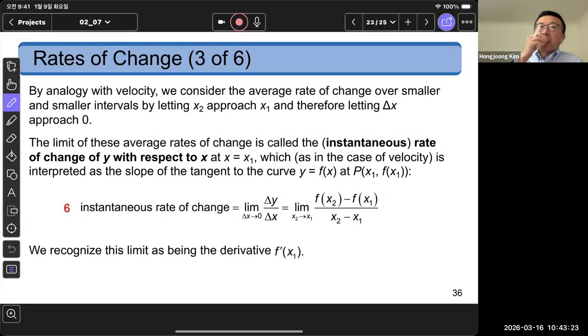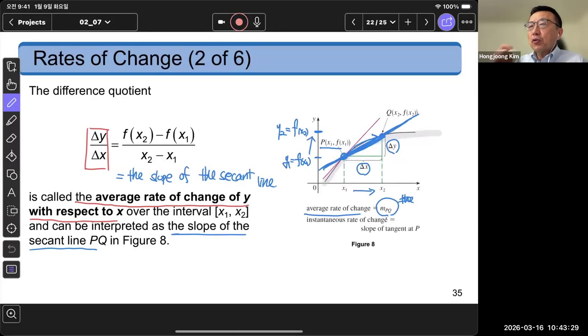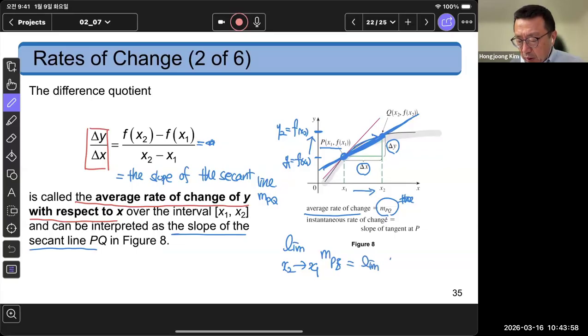Now, in this figure, as x2 approaches x1, then this slope. So previously we used m sub PQ to denote that slope, right? And then as x2 approaches x1, if I consider this a limit, then m sub PQ, that was the limit of delta y over delta x as x2 approaches x1.